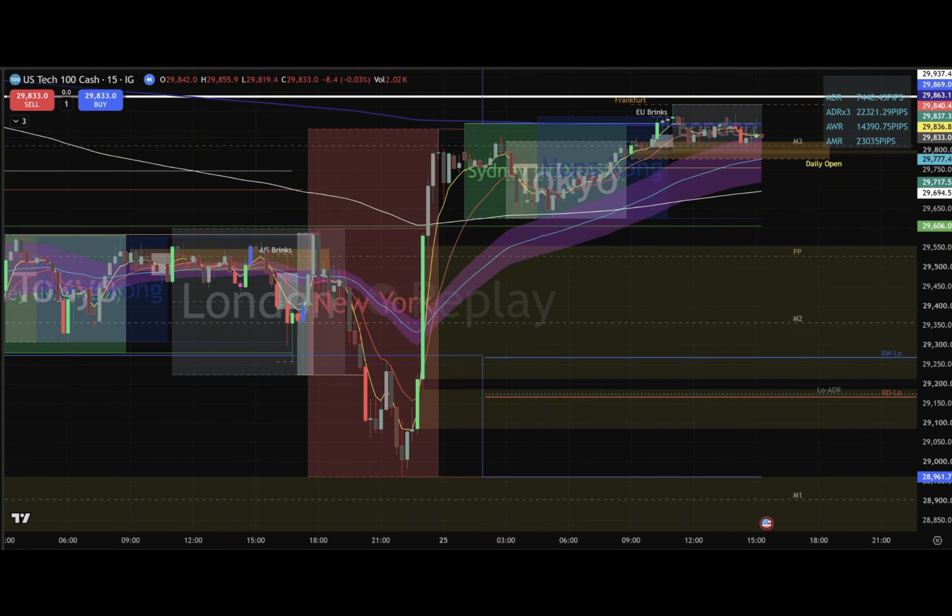So here we are in the US tech chart, which is Nasdaq, on the 15 minutes time frame. Those different candles that you see are the vector candles. The green one represents buy pressure 200% higher than the average of the last 10 candles. You see here red, here blue, and also here a pink candle.